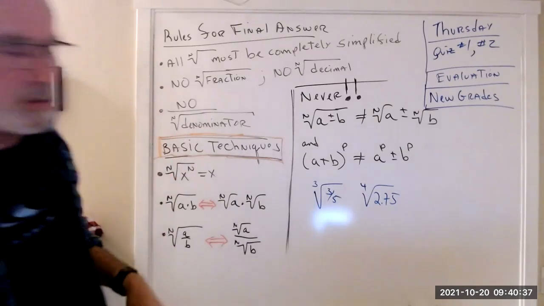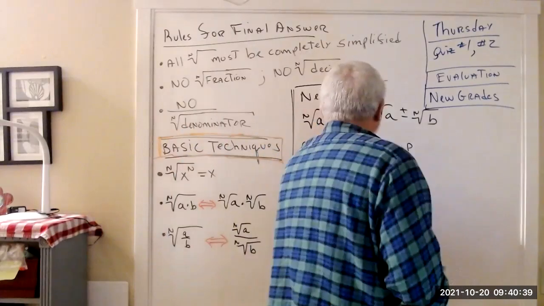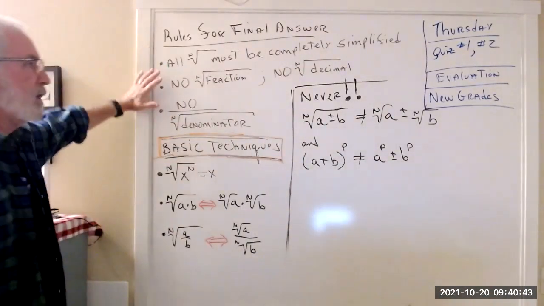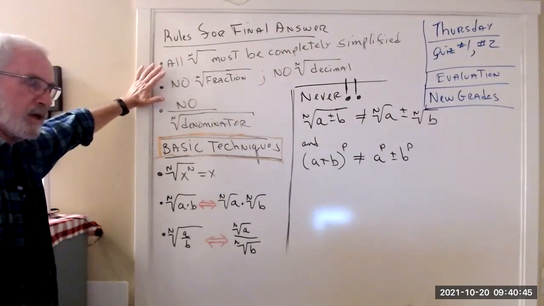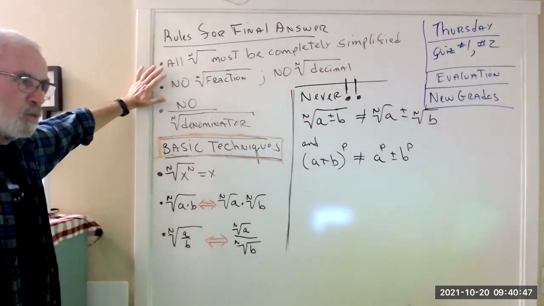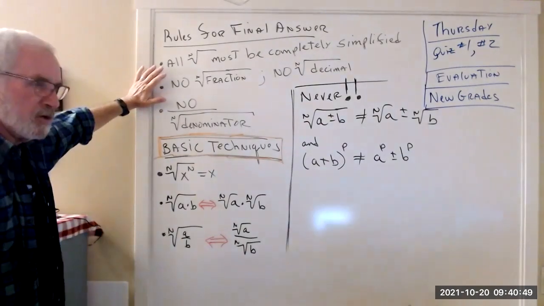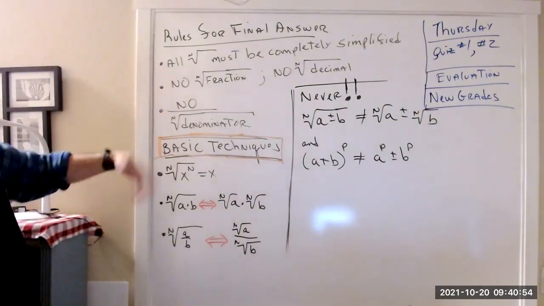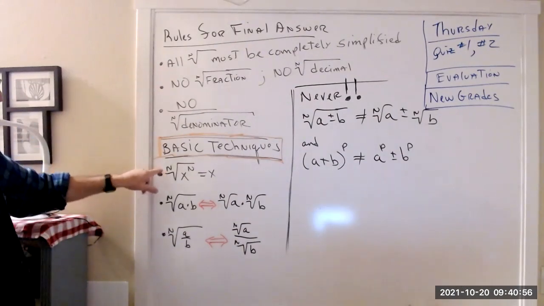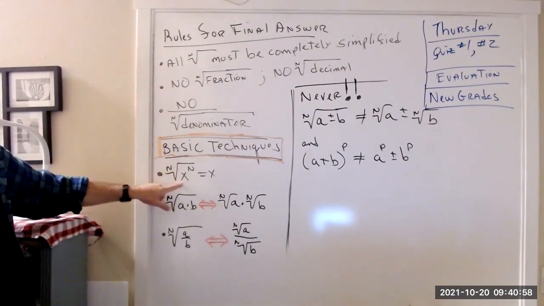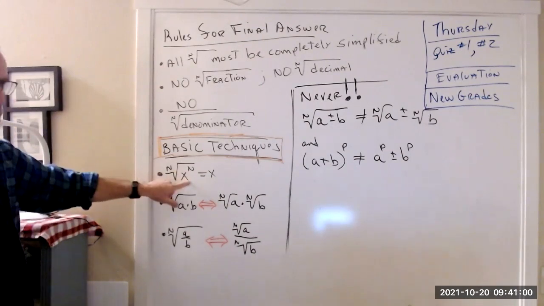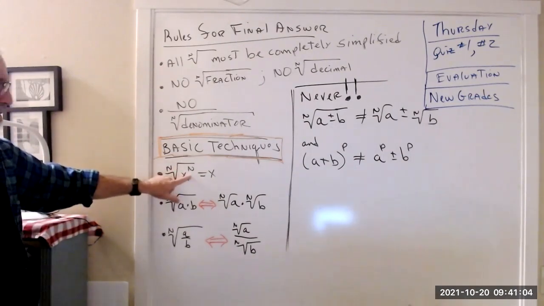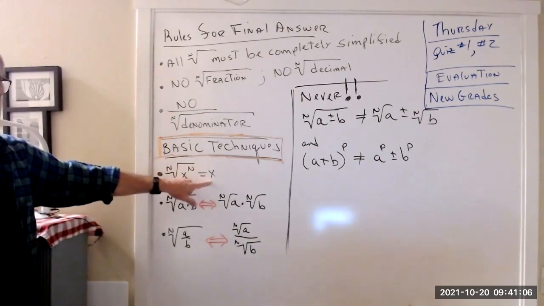Okay, those are some of our fundamental rules that we have to go over. I need to erase the board to make room, but I just wanted to make sure everybody's got them at least once. This should be in your notes from last week also in class. The basic rule is the nth root of the nth power always cancels out to make just x.